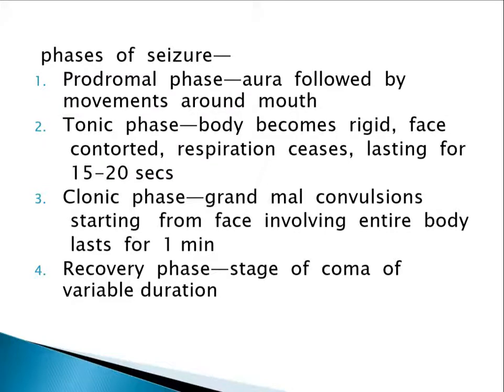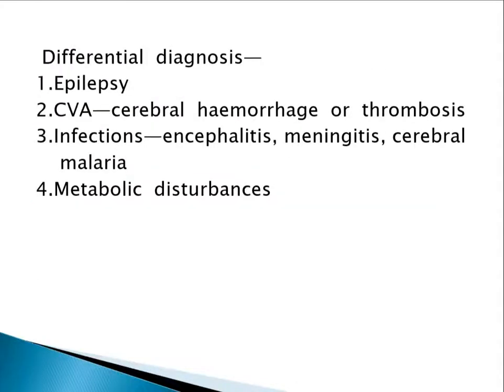Then a clonic phase where there is alternate contraction and relaxation of muscles, resembling grand mal convulsions. Starting from the face, the convulsions involve the entire body, lasting approximately 1 minute. Then there is the recovery phase, which is a stage of coma of variable duration, which may last 1 hour, 2 hours, etc.